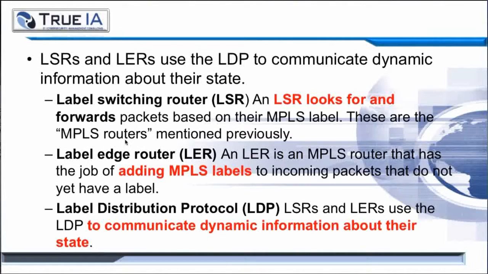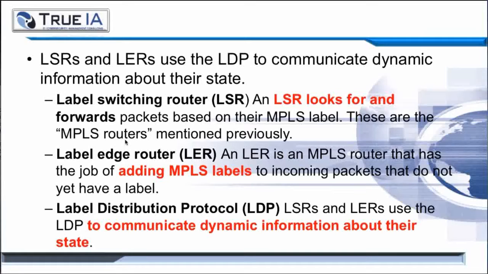To do this, you'll need to understand a few more parts, like LSRs and LERs. The LSR, the label switching router, looks for and forwards packets based on their MPLS label. The LER, or the label edge router, has the job of adding the MPLS labels to incoming packets.